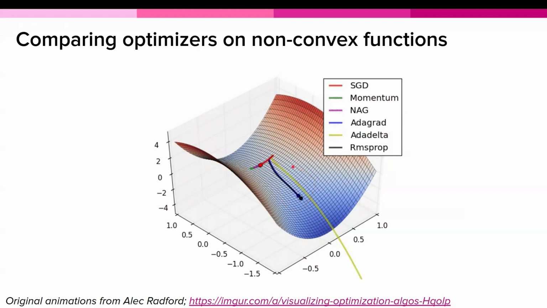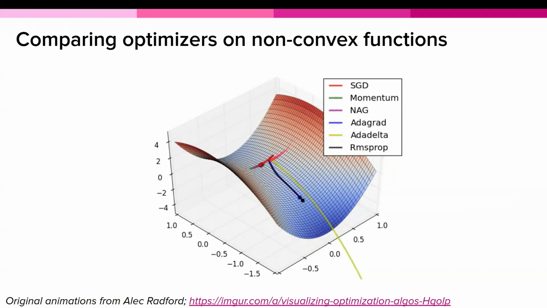Off the top, we can see that SGD, stochastic gradient descent, is making pretty slow progress. It's barely moved at all by the time the animation's finished. Adagrad and RMSProp are the clear front runners from early on. They've pulled way ahead almost immediately.